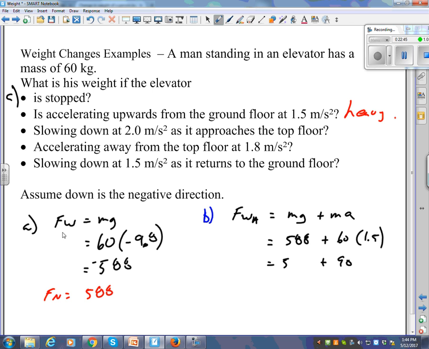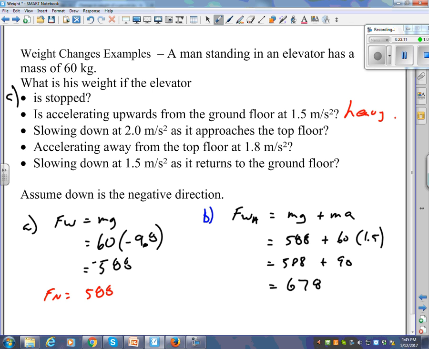We've already agreed that as he's accelerating upwards, he has to weigh more. So how do I get a bigger number than 588? Well, I have to add 90, right? I've got to weigh more than 588. So I am going to add 90, so that's going to be 678.